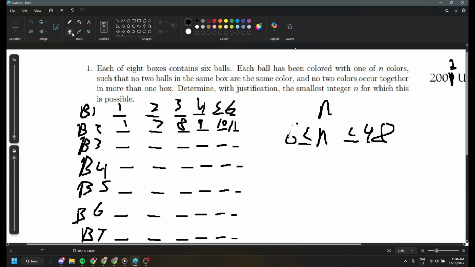Is this 1, 2, 3, 4, 5, 6, 7, 8, 9, 10, 11? Yeah. So we can't have any of these here with 1, because that would be 2 colors occurring together in more than one box.